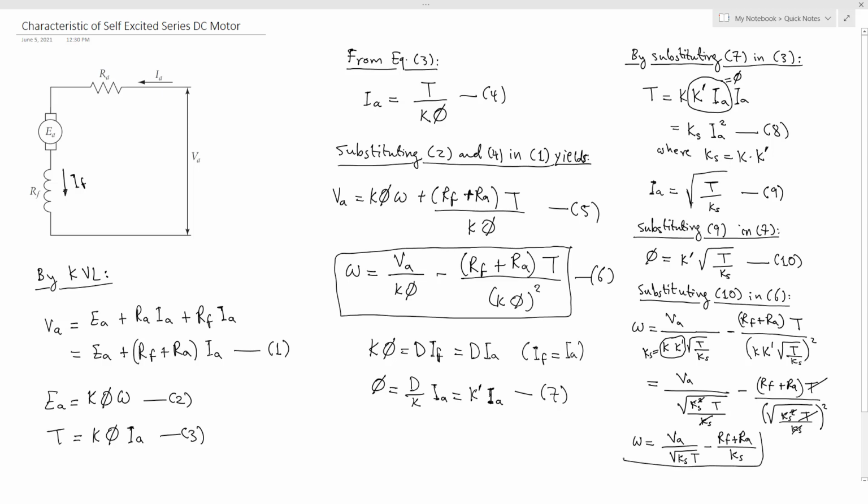So this is the characteristic equation of the self-excited series DC motor.